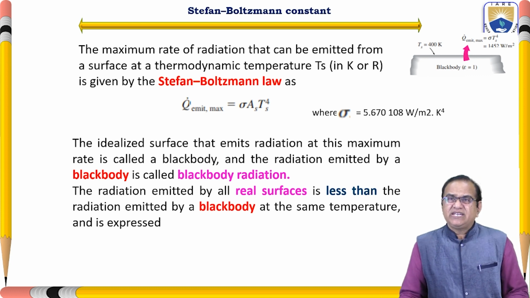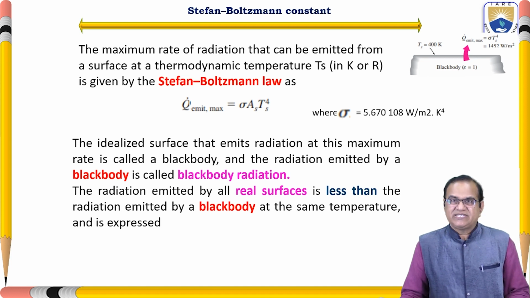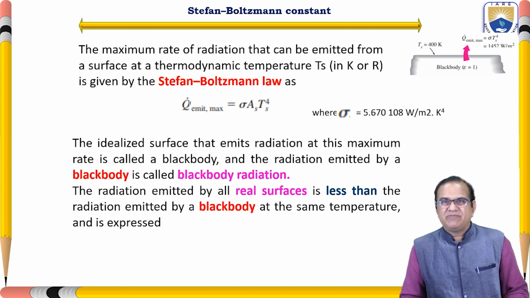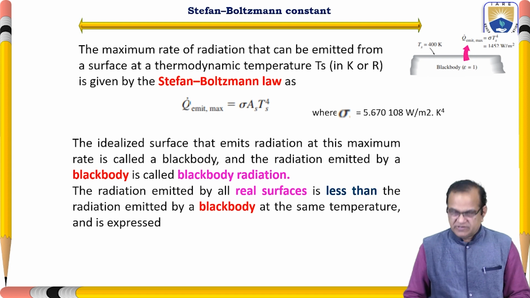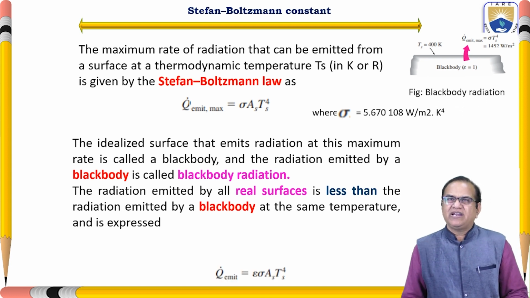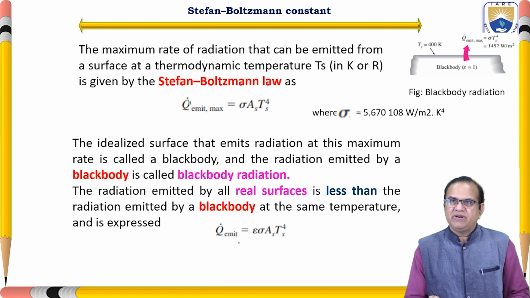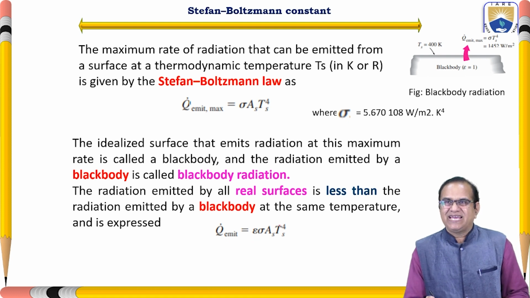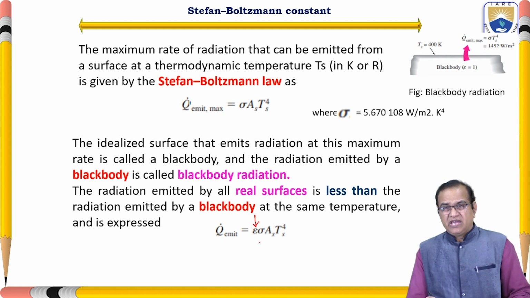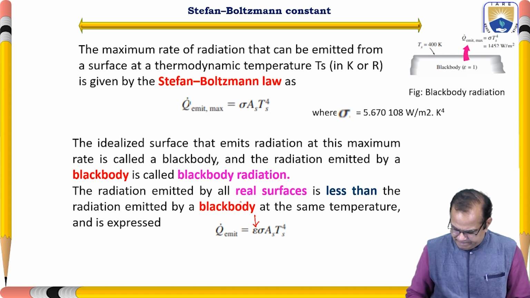The radiation emitted by a real surface is less than the radiation emitted by a black body at the same temperature and is expressed as Q dot emit is equal to epsilon sigma As Ts to the power 4. This epsilon is less than 1, and epsilon is 1 for the black body.